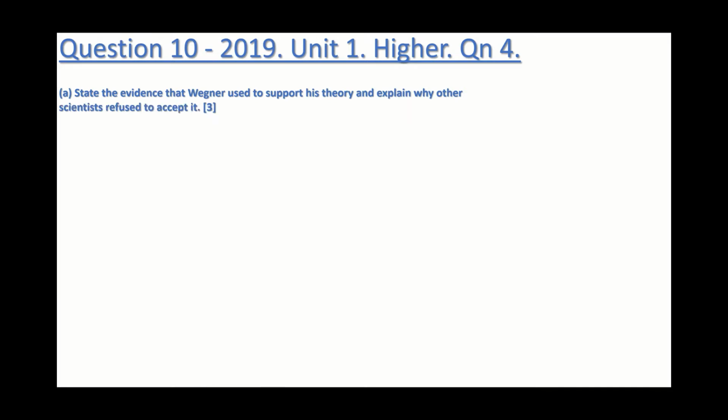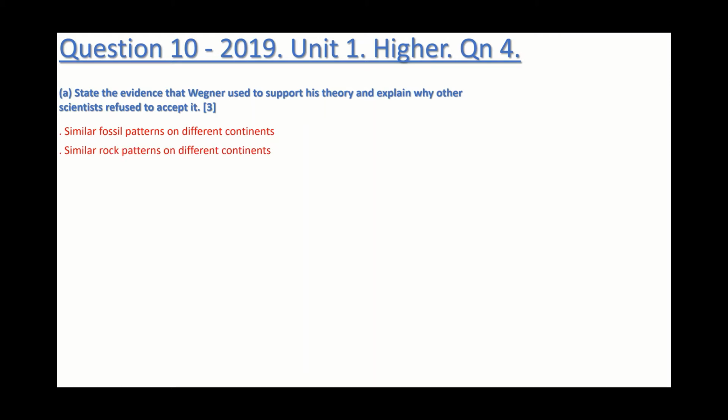And so starting off, state the evidence that Alfred Wegener used to build his theory of continental drift and explain why scientists refused to accept such a theory. Well, you have a choice of 3 pieces of evidence here. The board only wanted 2 though. So you could have mentioned that there were similar fossil patterns found on different continents, indicative of the continents once being joined together.